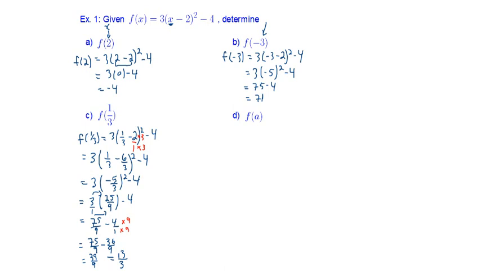The last one here is maybe a little bit different, but we can evaluate this function at any value. It doesn't matter if it's a positive, a negative, an integer, or even a variable. We can evaluate this function when x equals a. So f at a just means substitute an a into all of the values of x in the equation. So 3 bracket a minus 2 squared minus 4.